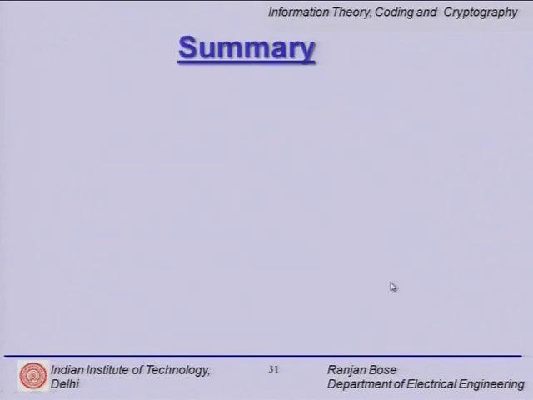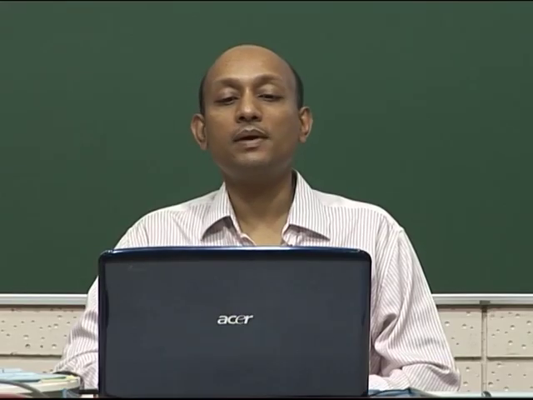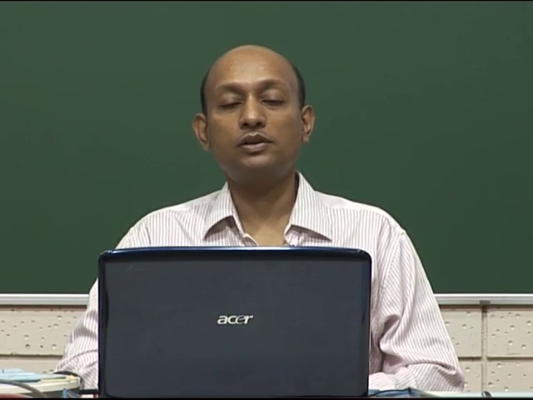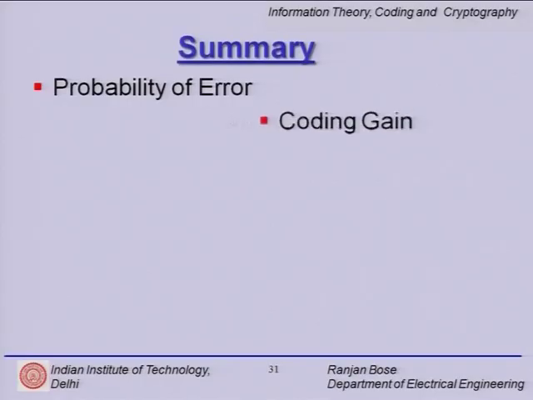So with that we come to the end of this lecture. Let us summarize what we have studied so far. What we have understood is the notion of the residual probability of error. Even if you incorporate error control coding, you can still make errors, and how do we quantify that? So we came up with some expressions and an upper bound on the probability of residual error based on d star.